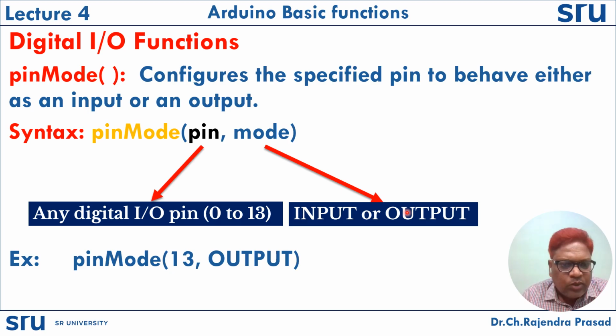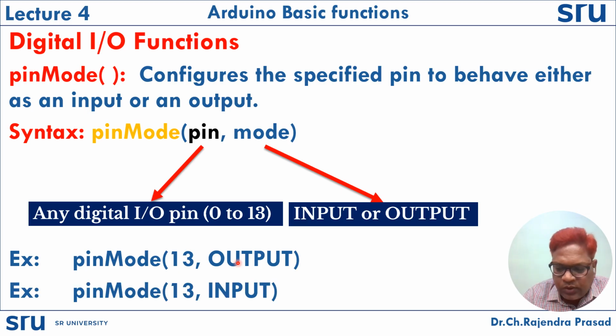One example is pinMode(13, OUTPUT). That means the 13th pin is programmed as output. Another example, pinMode(13, INPUT). So in this command, the 13th pin is configured as input.